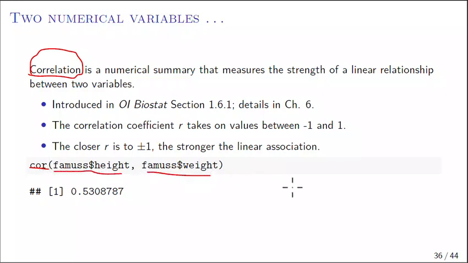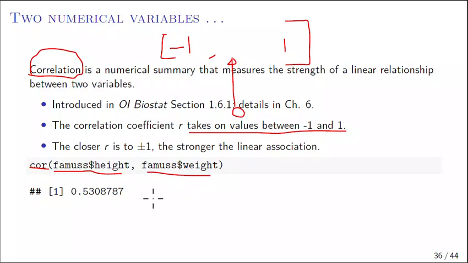But in the general definition, this is a number that takes values between -1 and 1. The closer r is to -1 or +1, the stronger the linear association. What does it mean? We know this is between -1 and 1, and the center is 0.